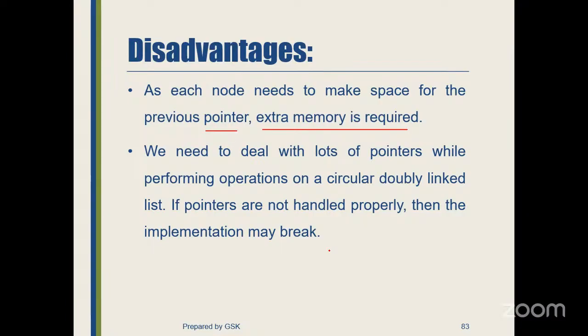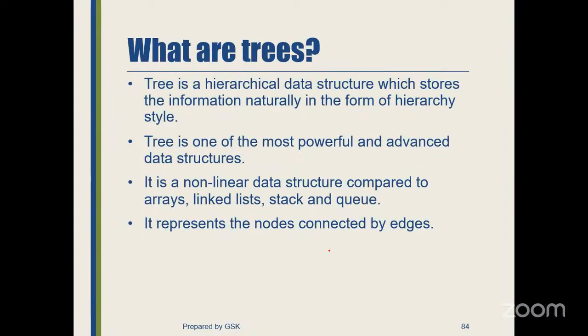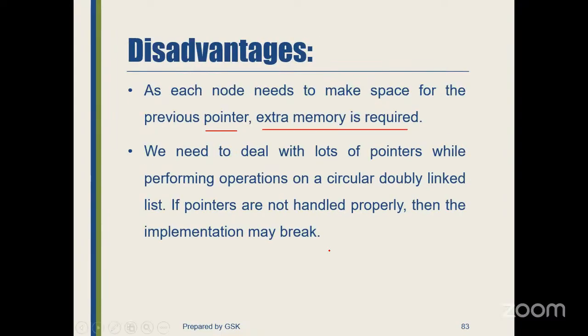So we need to maintain all these pointers properly for each and every operation. So that is somewhat complicated. If you are not handling these pointers properly, that might break the circular doubly linked list.